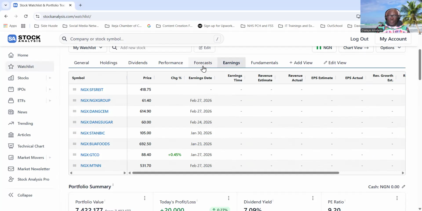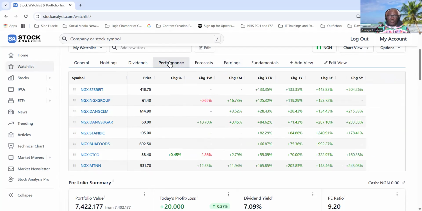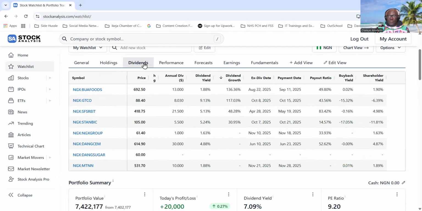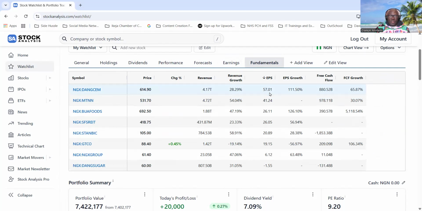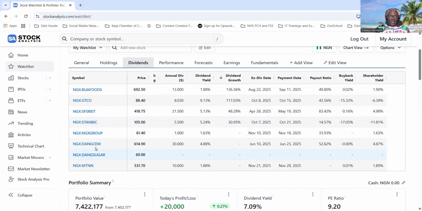So let's look again. As you can see, the earnings per share for Dangote Cement is 57 naira 1 kobo. And now we want to look at the dividend it paid. So it paid a dividend of 30 naira. If it is earning 57 naira 1 kobo, it can afford to pay 30 naira per share.